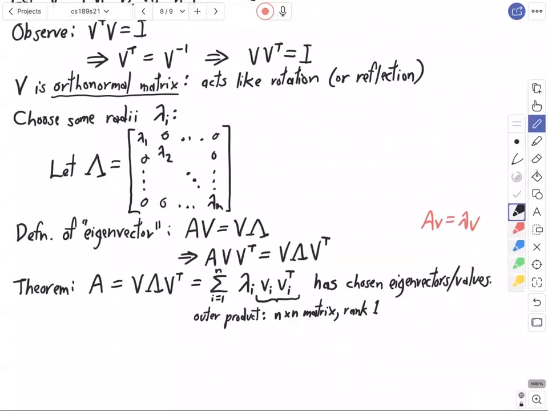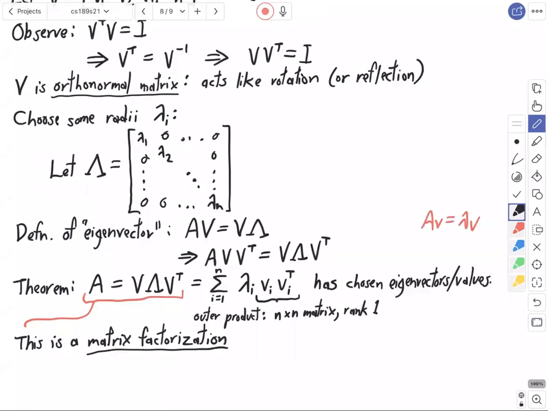Now, what we've just written here is called a matrix factorization, because we factored A into three different matrices.